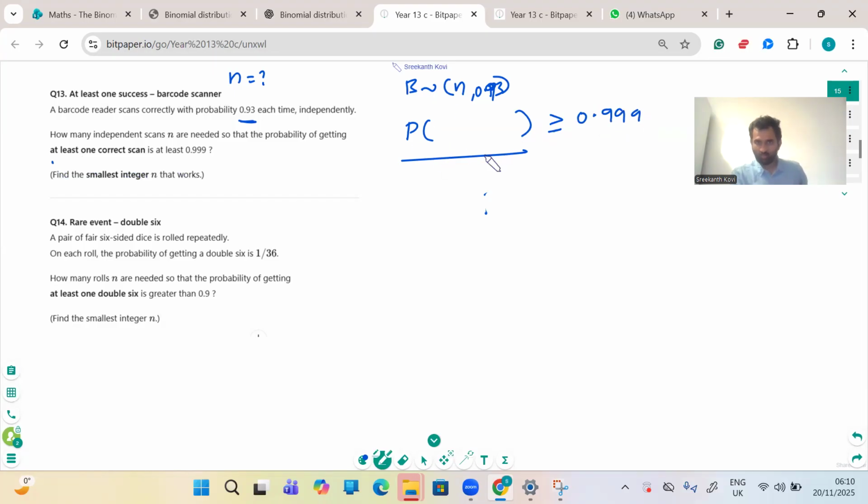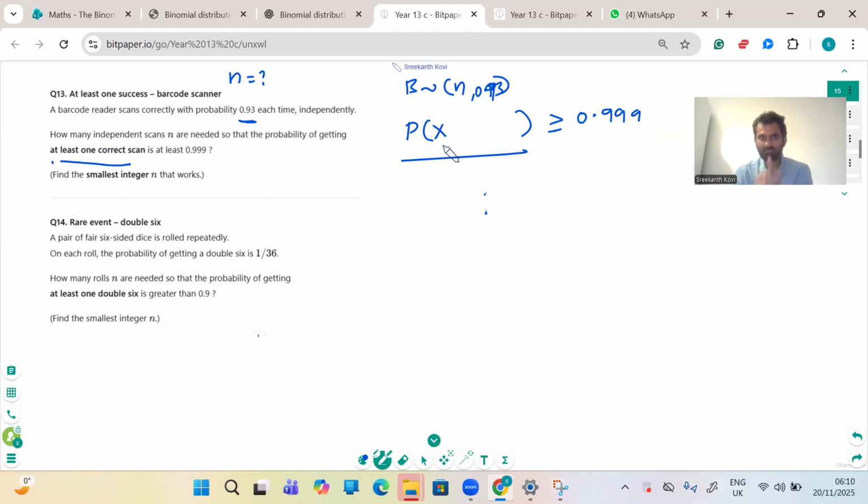Now let's see what this part is. Probability of what? At least one correct scan. At least, so you write X automatically. We don't know how many scans there are. How many scans are required to get at least one of them?